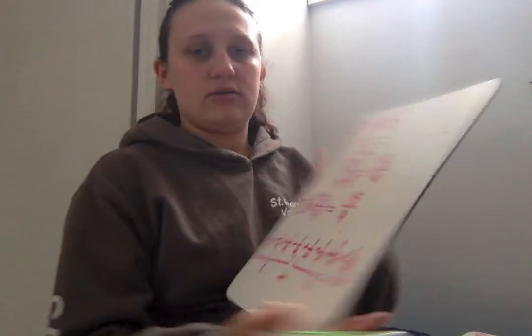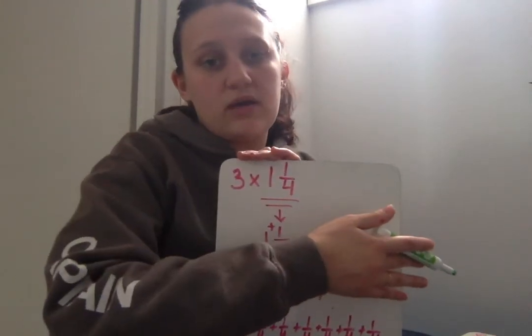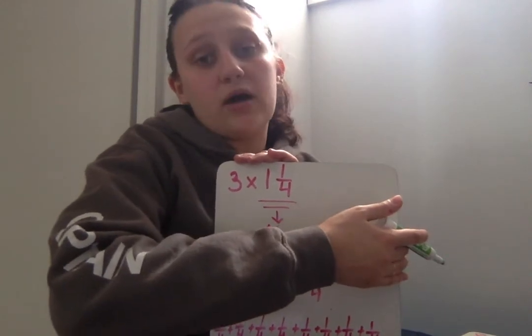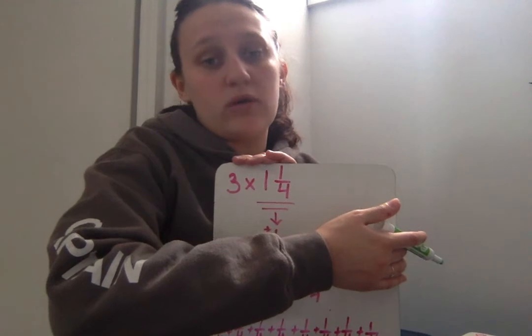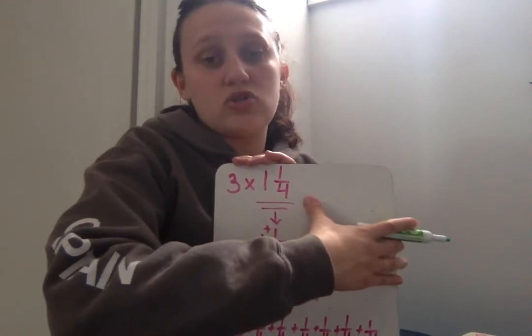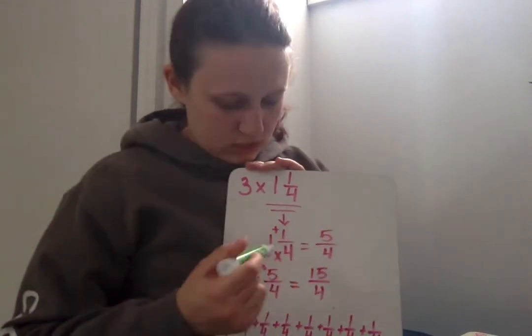In order to do that, we have to multiply. So the first step is multiplication up here. We have 3 times 1 1/4, but you cannot multiply a whole number by a mixed fraction. That's a whole number with a fraction. So we have to take the 1 1/4 and turn it into an improper fraction. To do that, all we have to do is follow the steps.